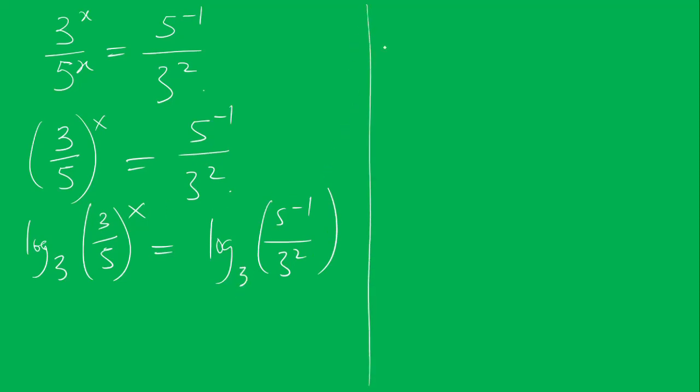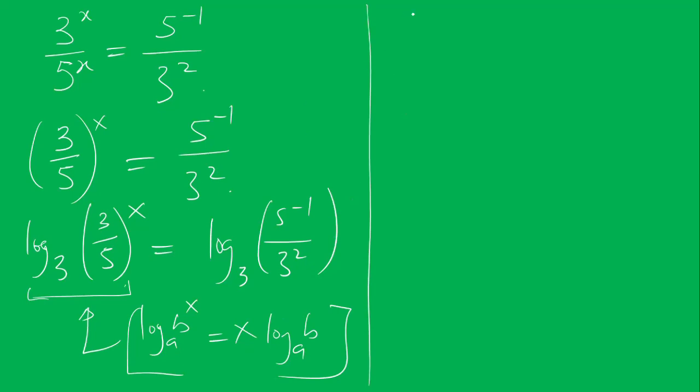Now, if we expand this further, let's use the law of logarithms here. There's a law of logarithms whereby log of b to the power of x, base a, is the same thing as x log b base a. So we're going to apply this rule here.